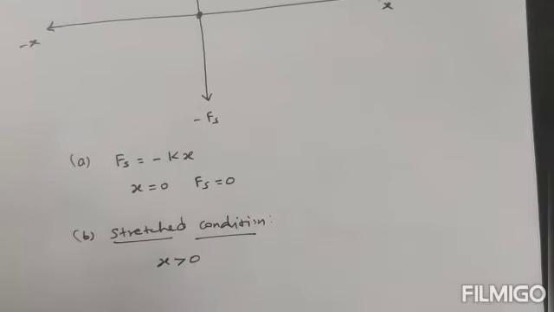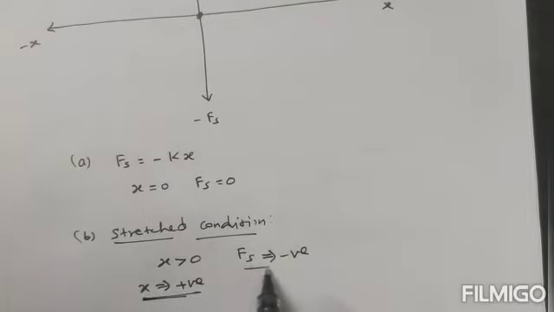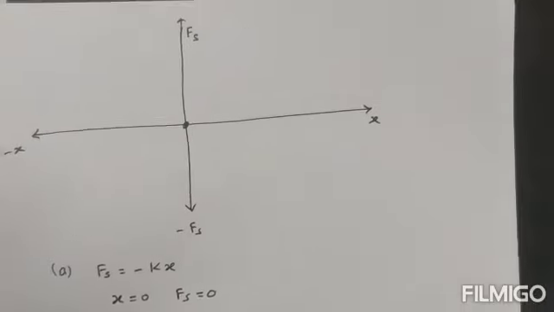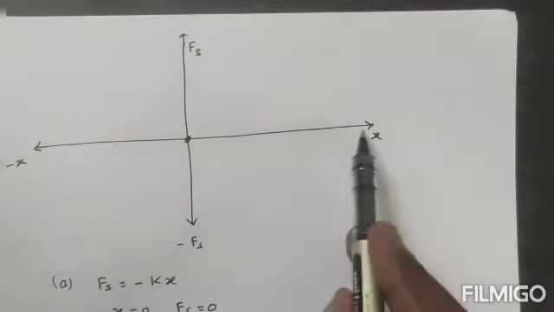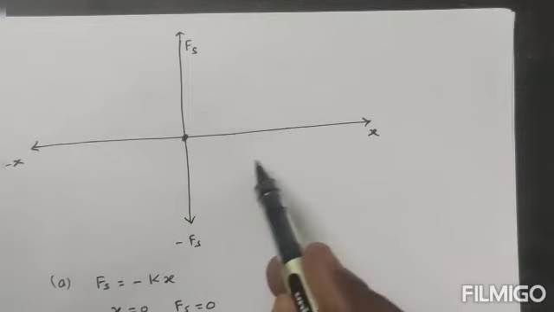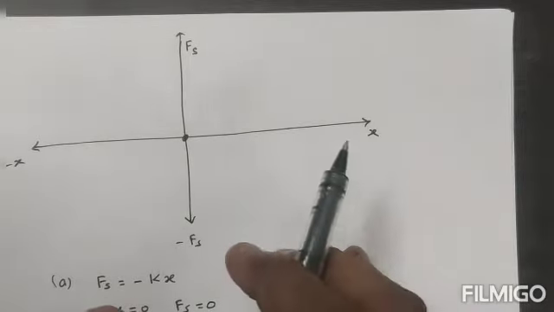So x is a positive value. At the same time, the spring force is opposite to the displacement direction. So this fs value is negative. So x value is positive, then fs value is negative. So here x value is positive, then f value is negative. So this is in the fourth quadrant in this diagram.